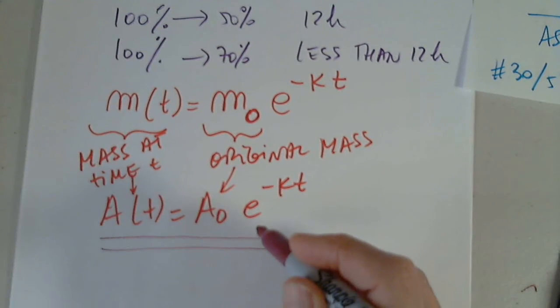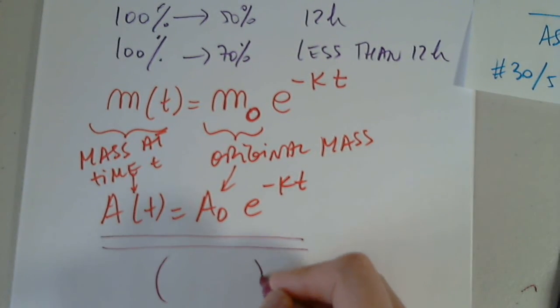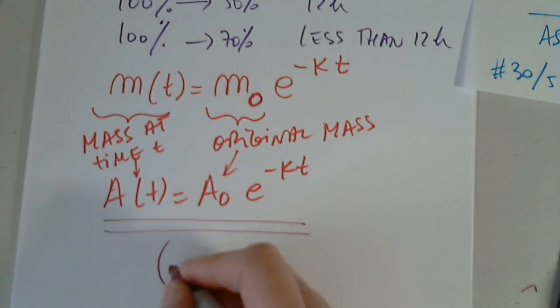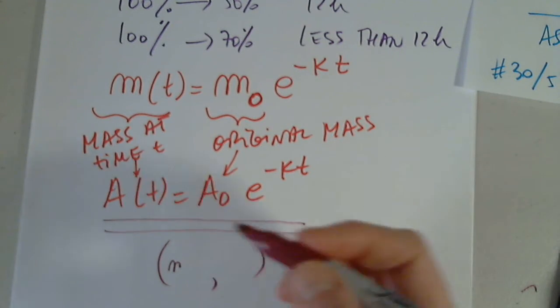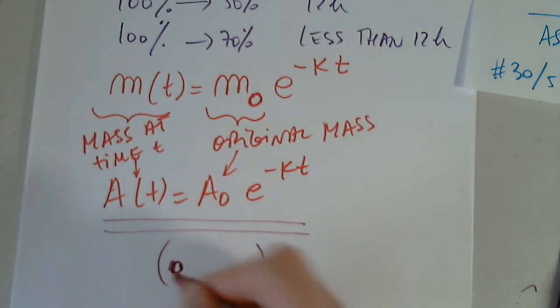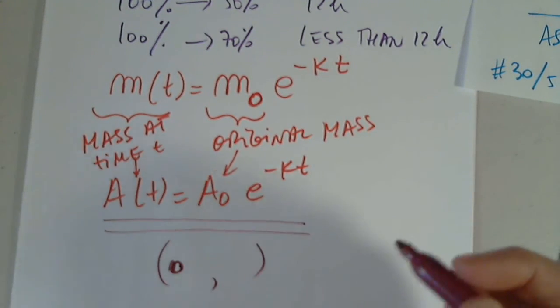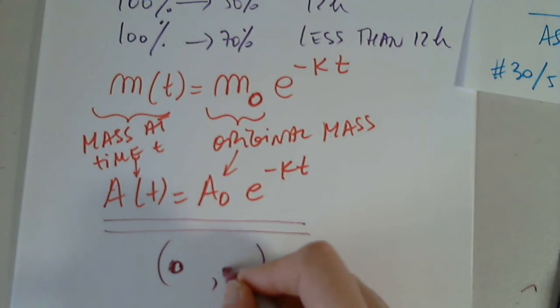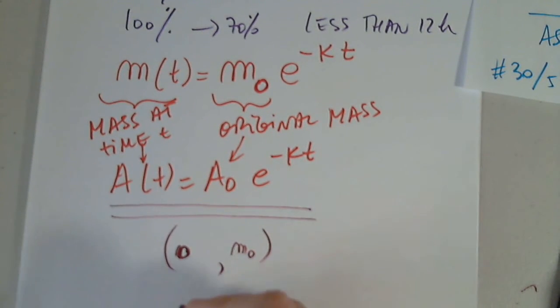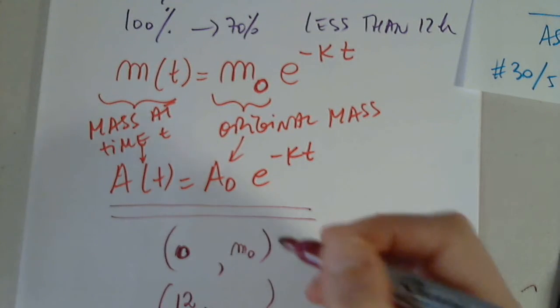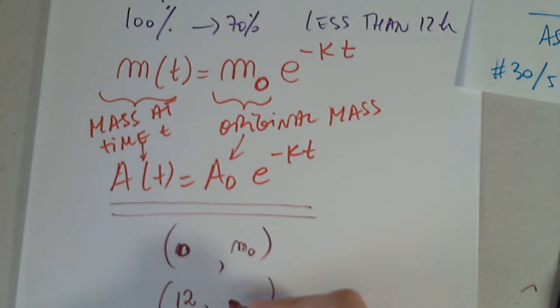So what I know so far is a point. I know that if I start at time t equals 0, I start with m0. Then at time 12 hours, what will m0 become?